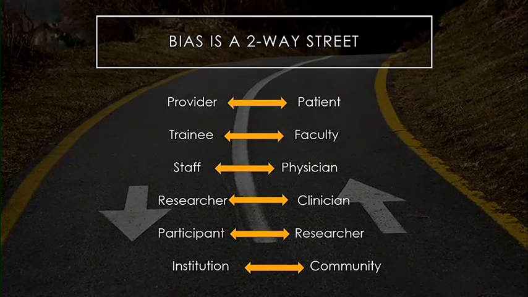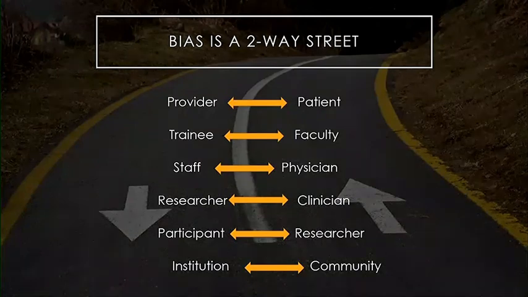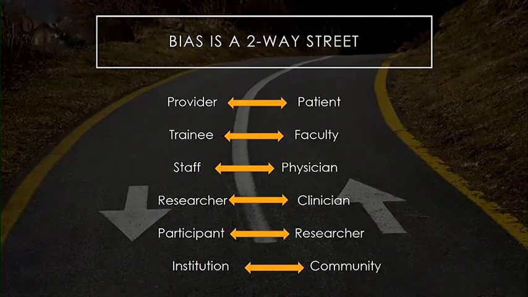So in all of these interactions, patient to provider, trainee to faculty, researcher to clinician, institution to community, they're all bidirectional. And when we identify bias, think about what potentially could also be happening in the other direction.